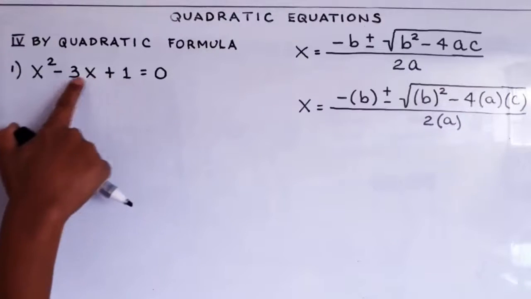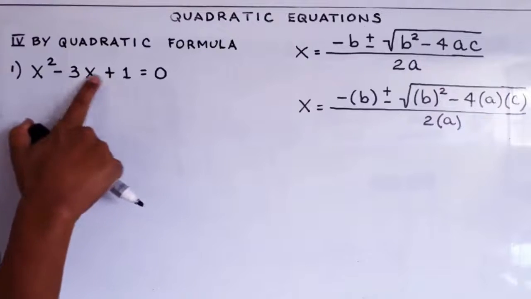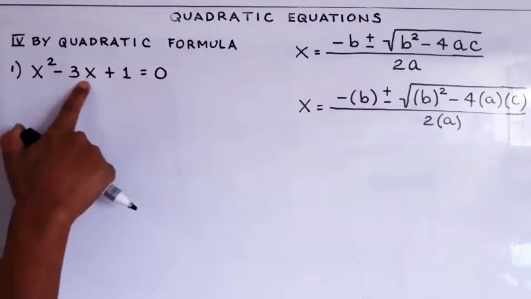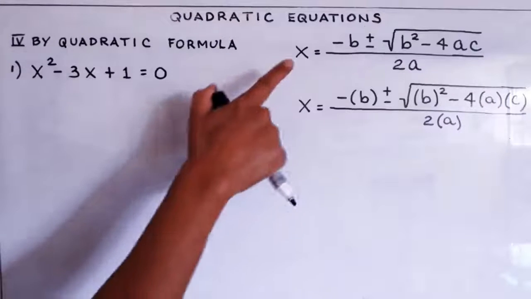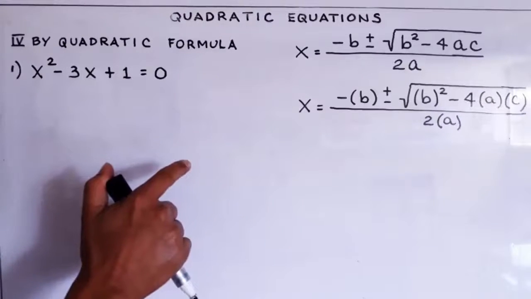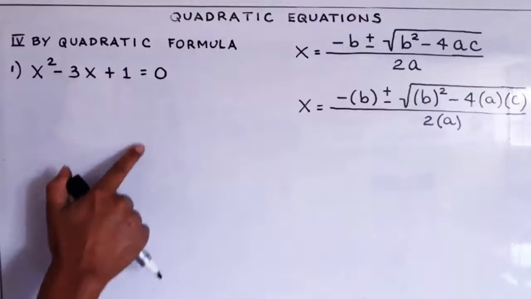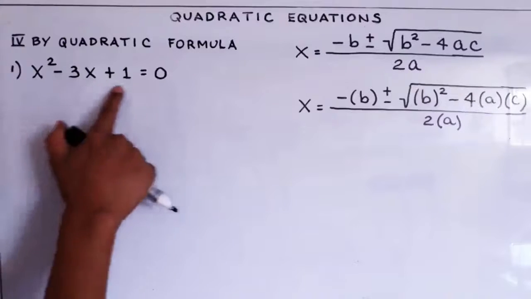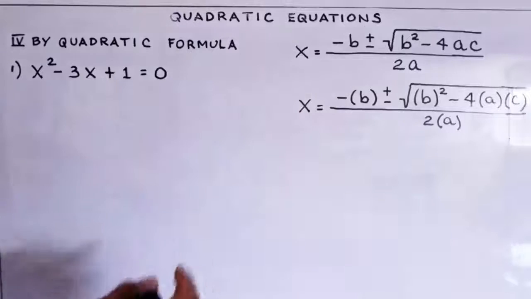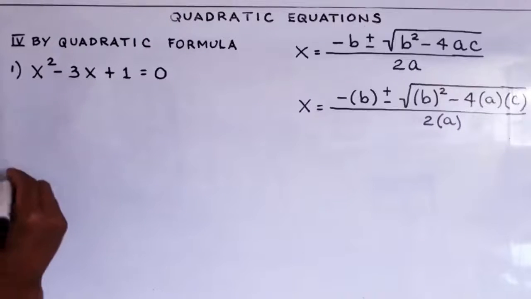So factoring cannot be applied here. When factoring cannot be applied, then we resort to the quadratic formula. Or if you want the long method, you can use completing the square. So let us use the quadratic formula.